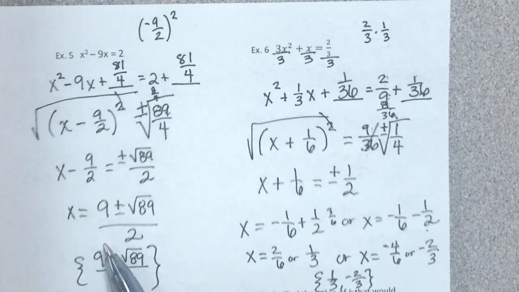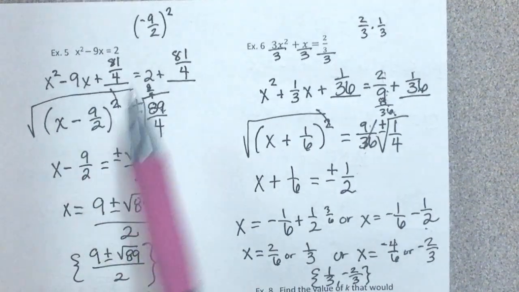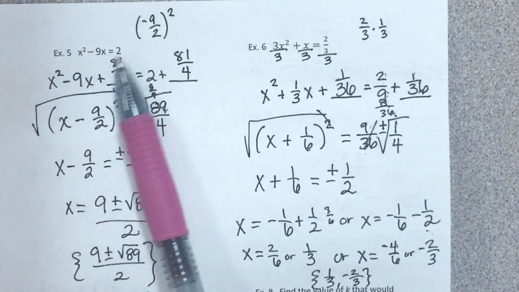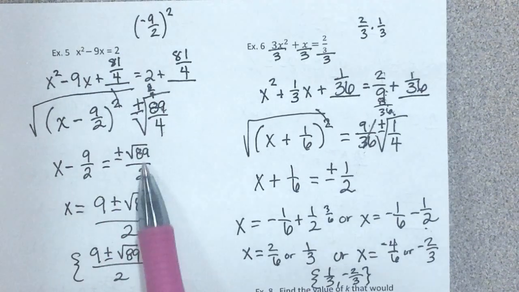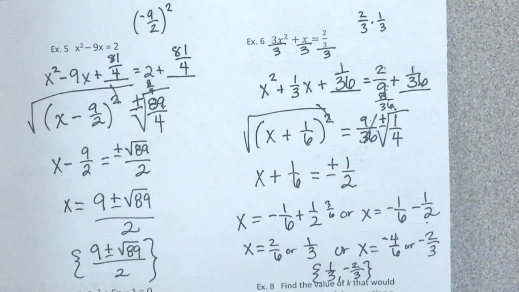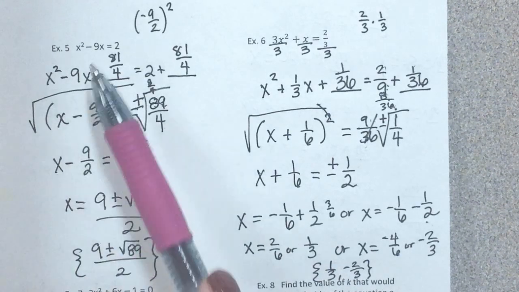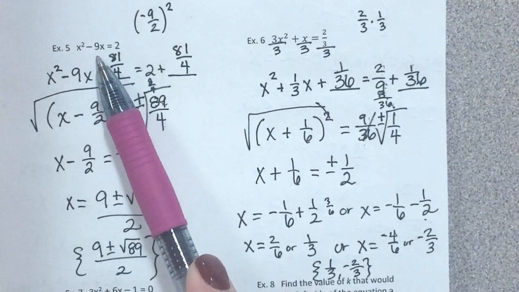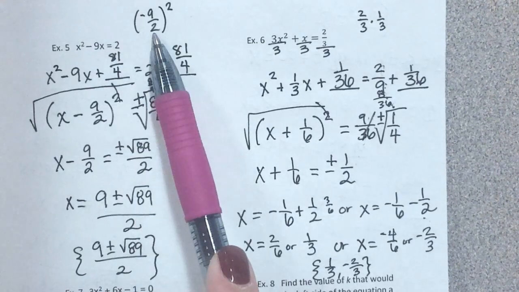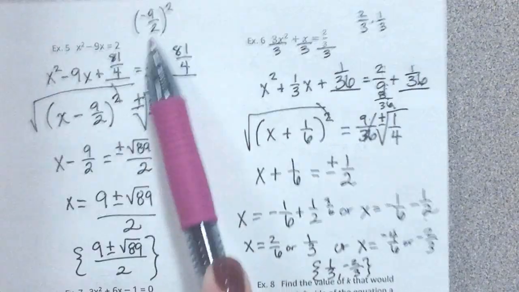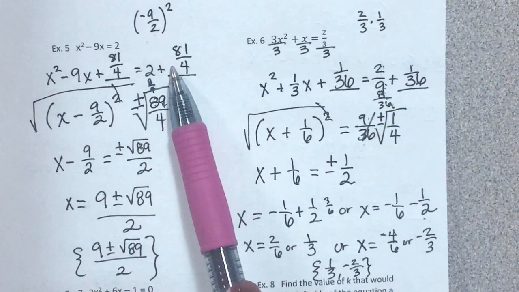So let's nail example 5 down. What about example 5 made this one have so many fractions? Like 9x is divisible by 2. Yeah, this is not divisible by 2. So when I take half of it, it's a fraction, and when I square it, I get an even more complicated fraction.